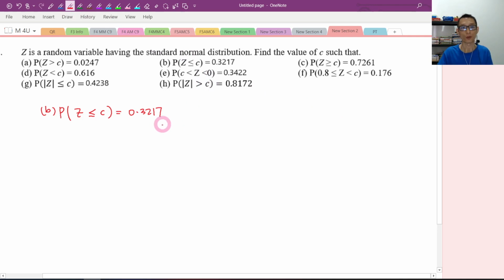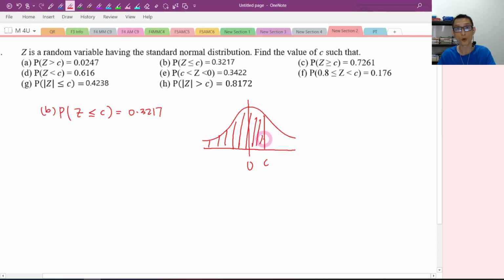First, sketch a diagram. Zero. And start to think, is the C over here, left side or right side? Look at this one, which is a number less than 0.5. So it cannot be here. If the C is over here, the probability will definitely be more than 0.5.